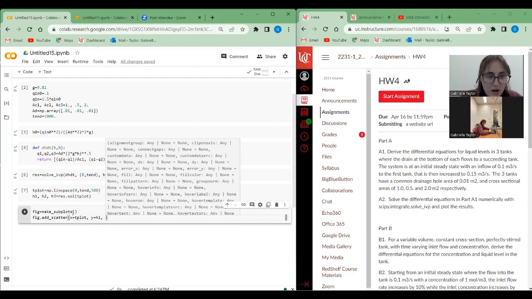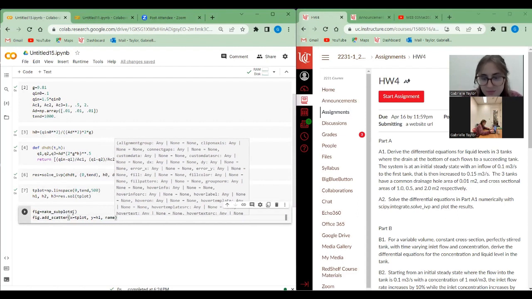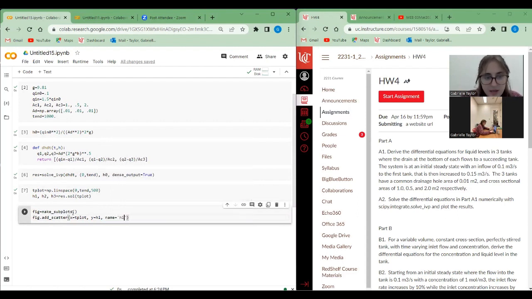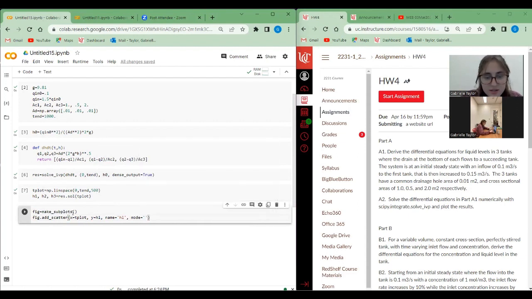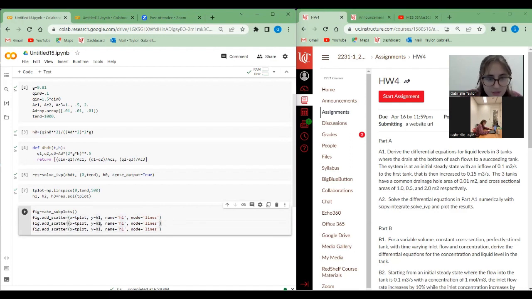Our name is just going to be height 1, and we want the mode to equal lines. Okay, so I'm just going to copy and paste this two more times, and change it to height 2 and height 3.